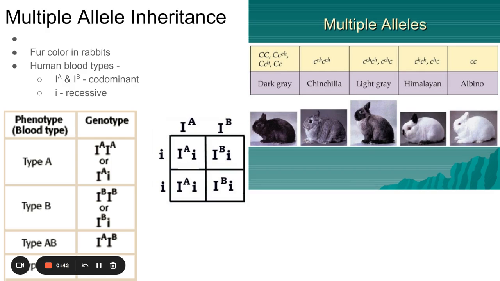The reason, for example, our eye color. Sometimes people simplify, they say brown eyes is dominant and light eyes is recessive. It's not really that simple though. There's actually several different genes that control our eye color.